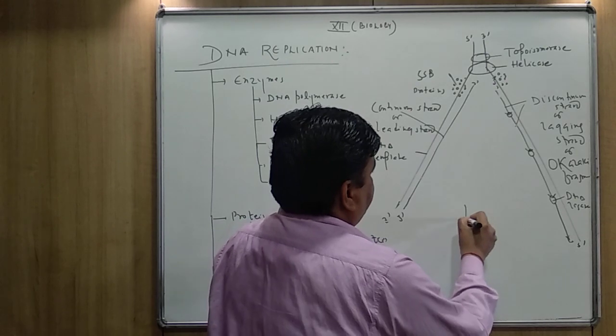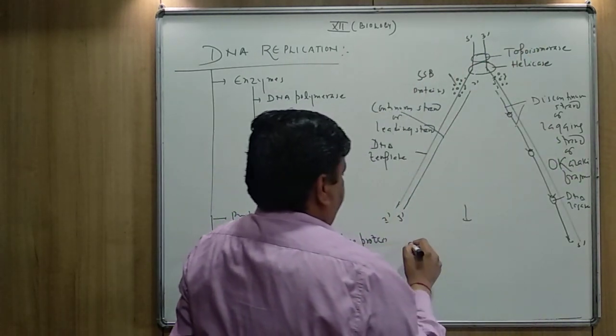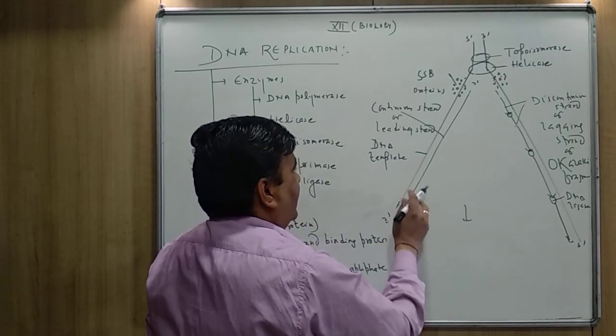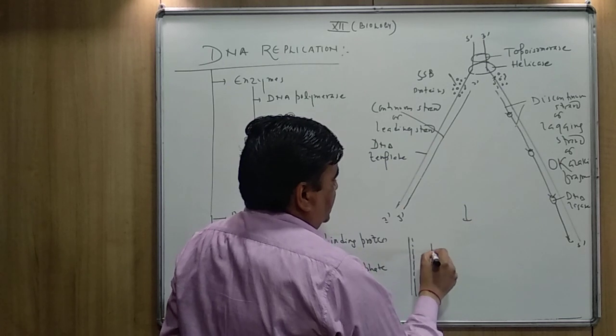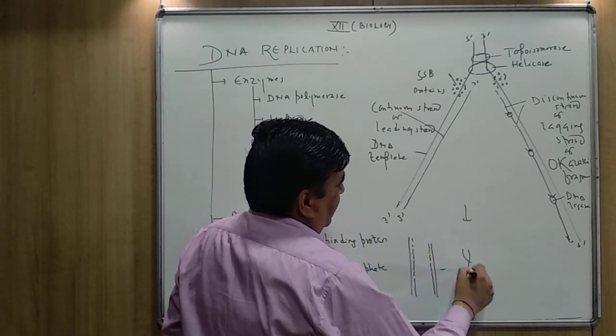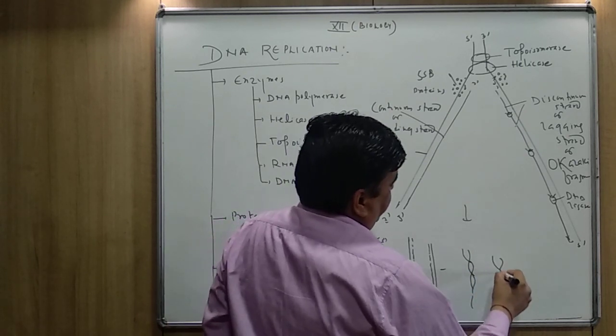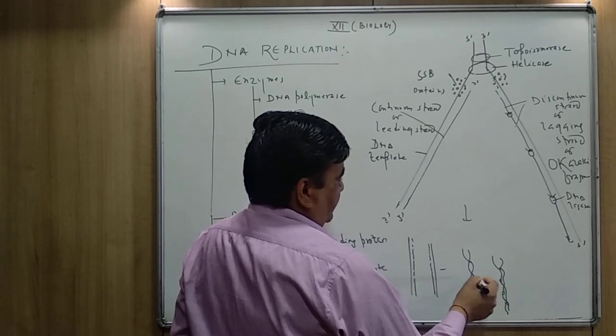When this strand opens, this will be the old strand, and this will be the new strand. Again, this will be the old strand, and this will be the new strand. Both again form the duplex DNA due to the hydrogen bonds.